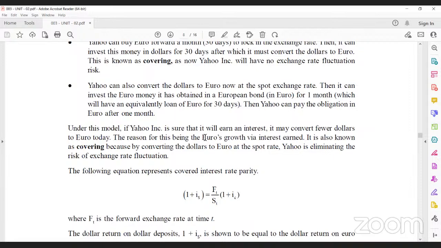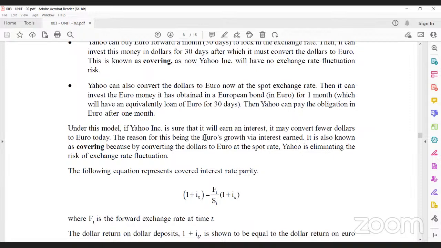Right? So either the first or the second case. Now see, under these models, if Yahoo is sure that it will earn interest in both cases, it will convert fewer dollars to euro today. And the very reason is the euro's growth via interest earned.